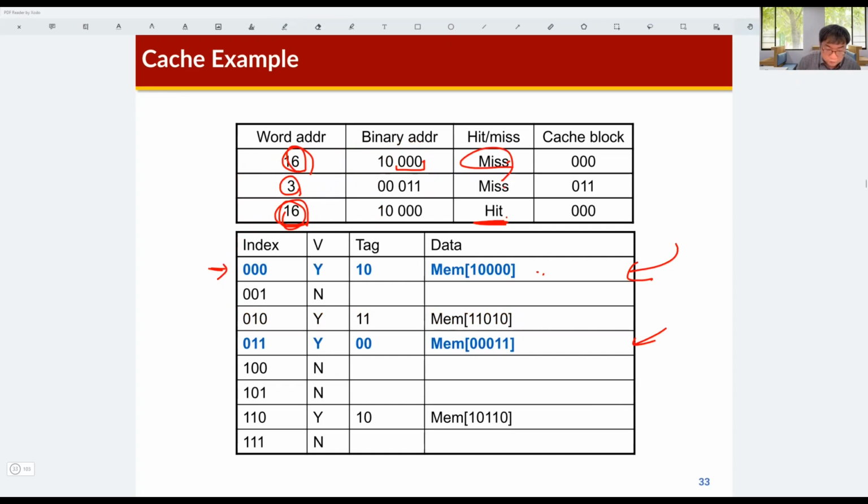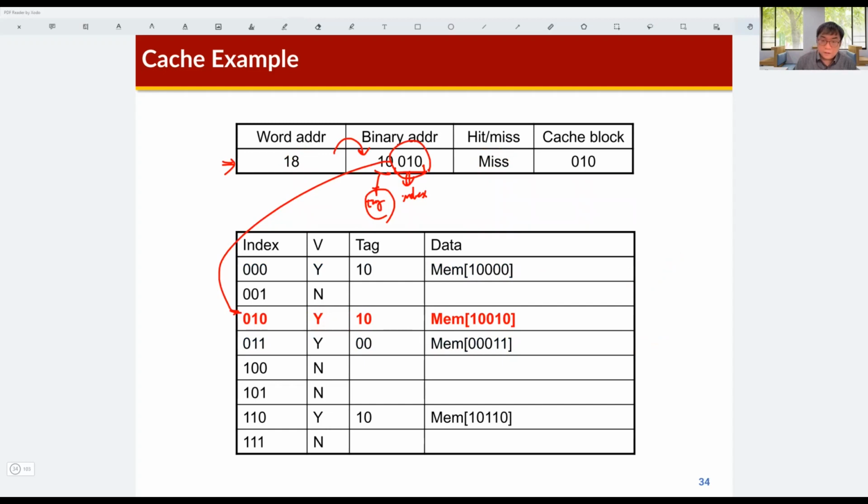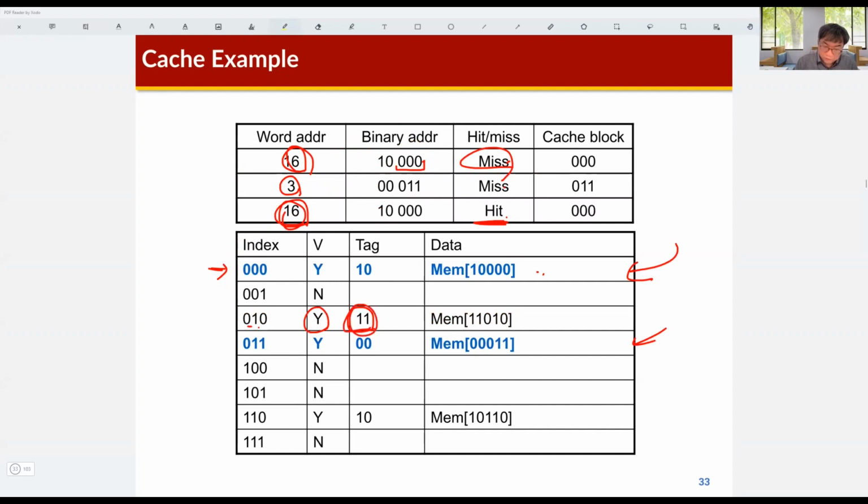But it was 010, and it has valid data. So we need to compare the stored tag with the tag address of this target cache block. But the tag of this requested data is 10, which is different from the stored tag.